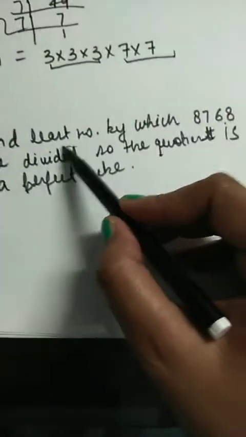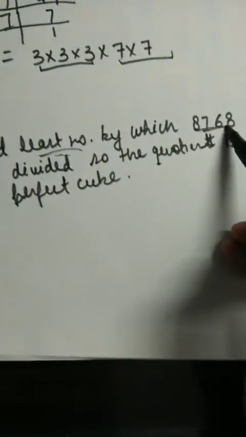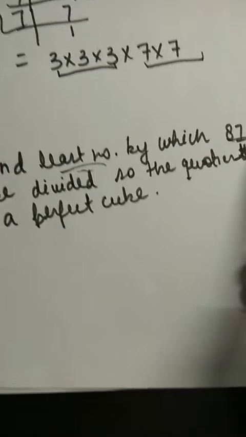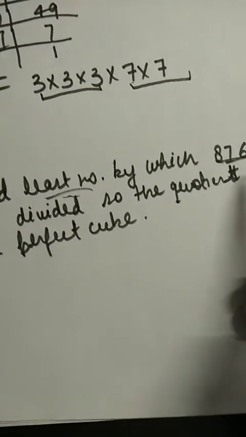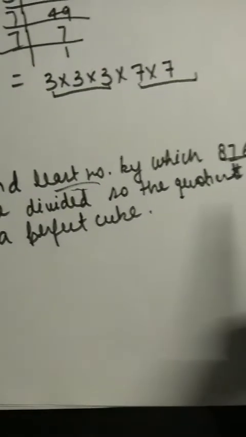Now you have to find the least number by which this number should be divided. This time you have to divide so that the quotient is a perfect cube.